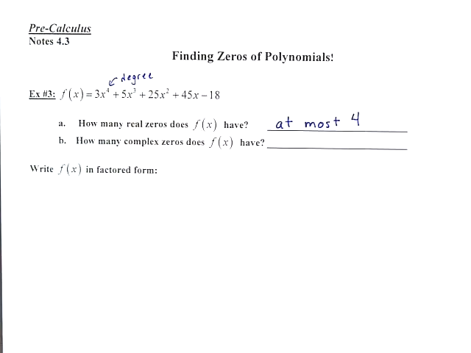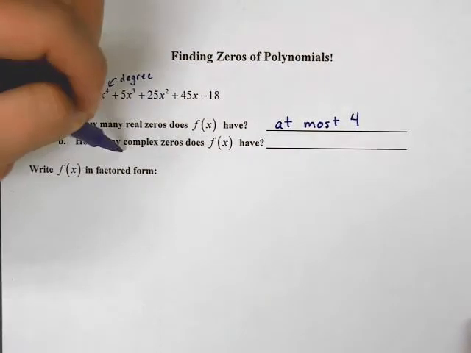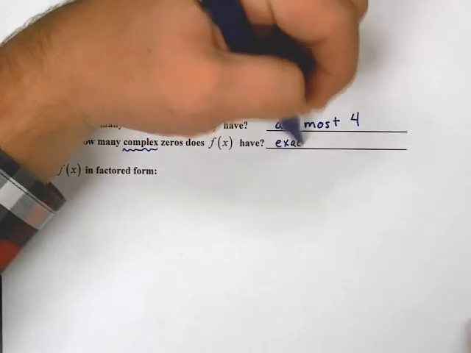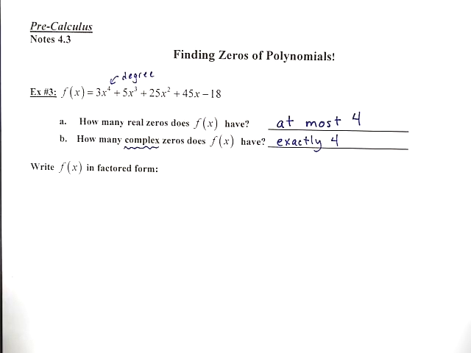But what we just learned in our last video is that now when I change from real to complex, there has to be exactly 4 zeros.